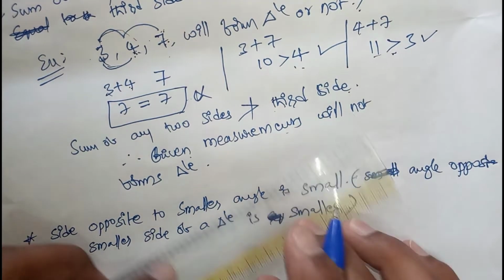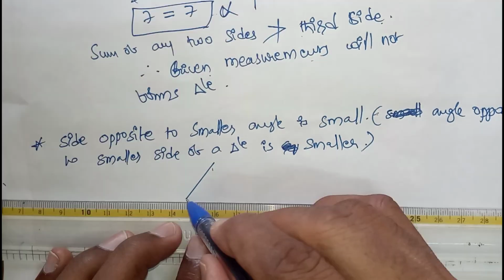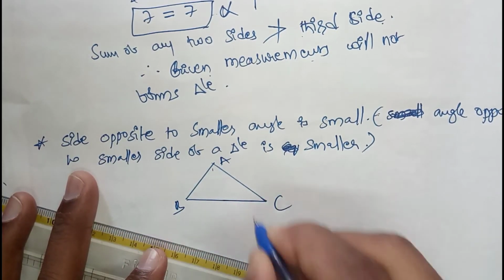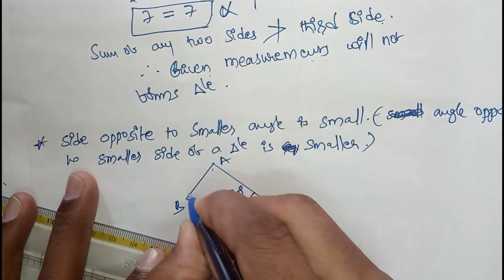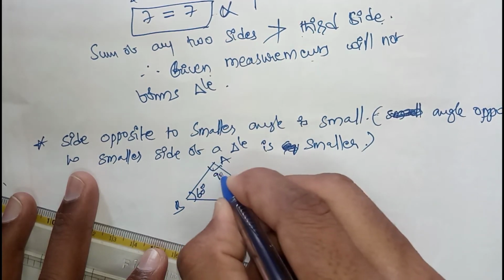We will see the figure here, then you can understand. This is a triangle ABC. Suppose the angles are 30 degrees, 60 degrees, and 90 degrees.